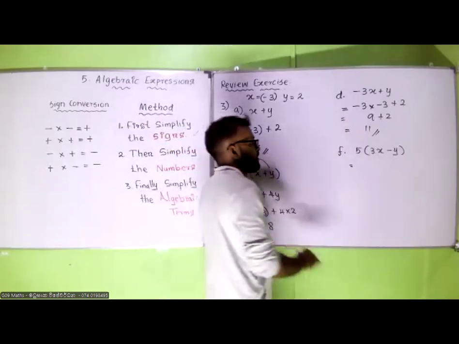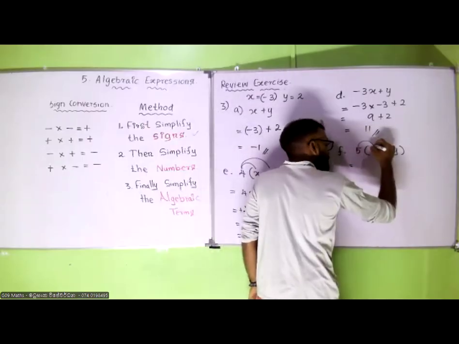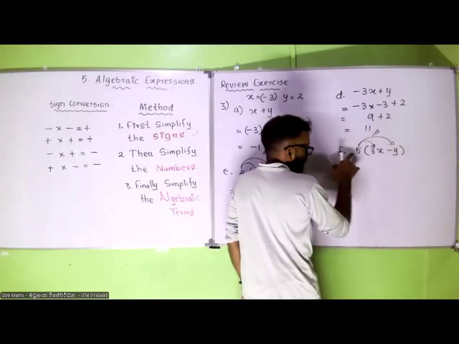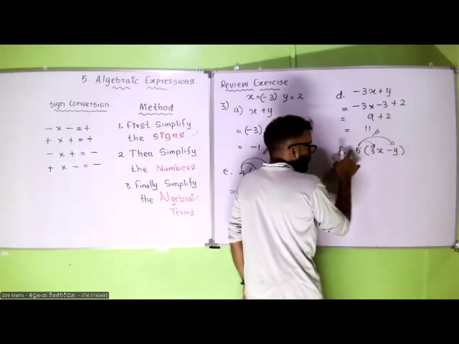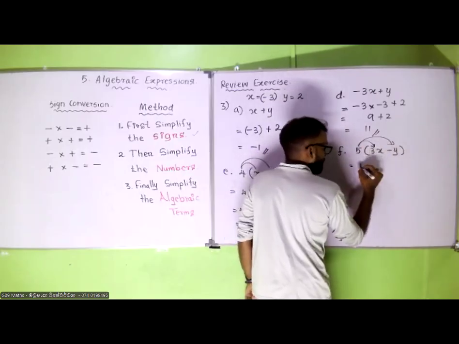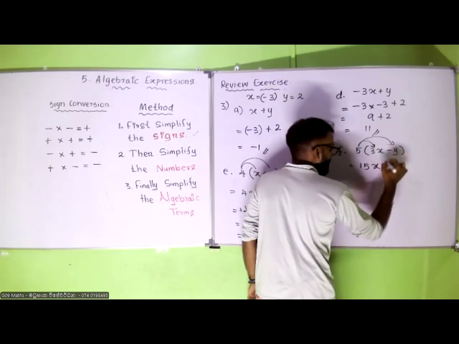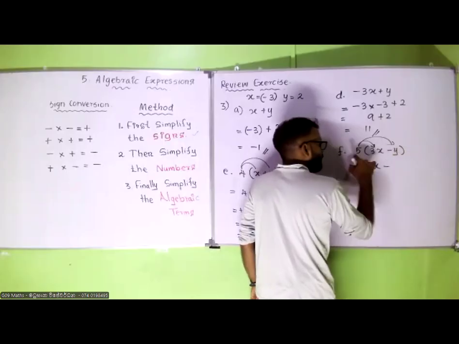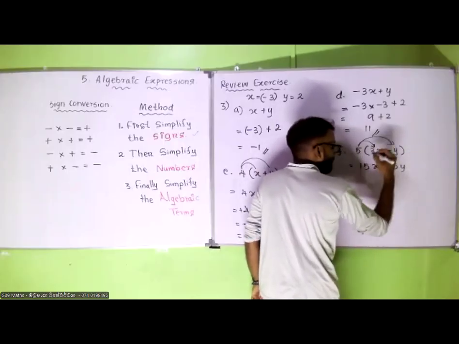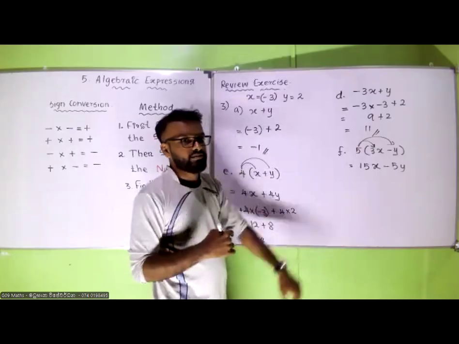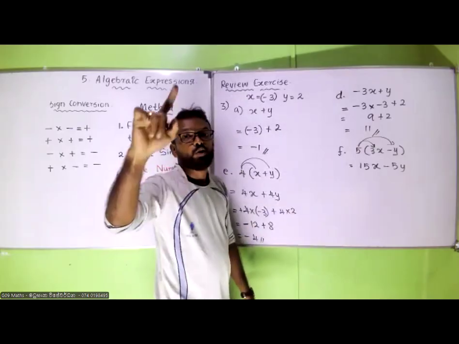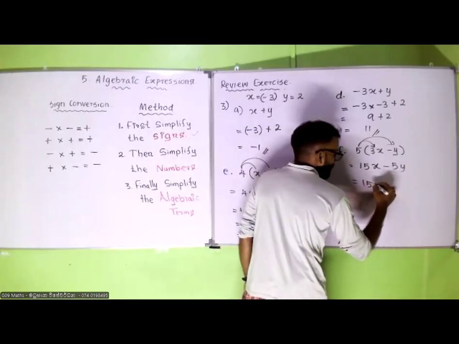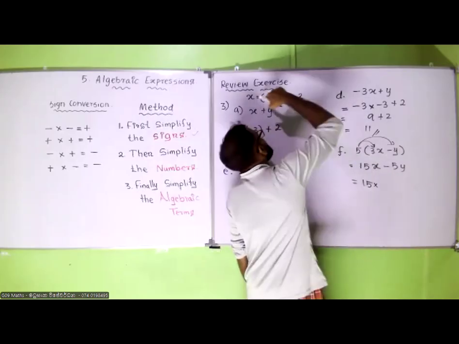Right? This one. First of all, I will remove the brackets. Positive 5, positive 3. Positive into positive, positive. 5 times 3, 15. Algebraic term is x. Positive into negative, negative. 5 times 5, 5. Not y5, 5. Now I am going to substitute. 15 multiplied by x means negative 3.